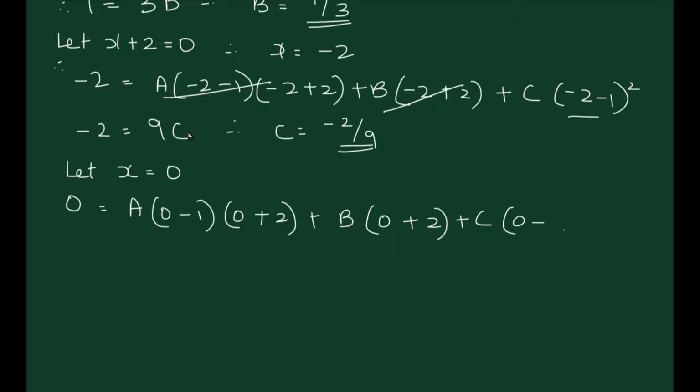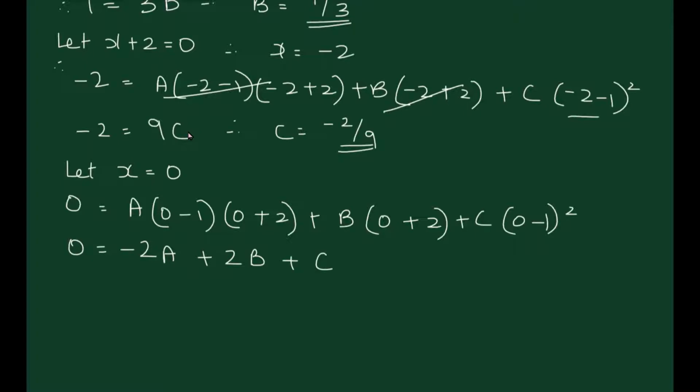Then 0 minus 1 is minus 1, minus 1 into 2 is minus 2a, b into 2 is 2b, and c into (0 minus 1), but minus 1 square is 1, so we get plus c.